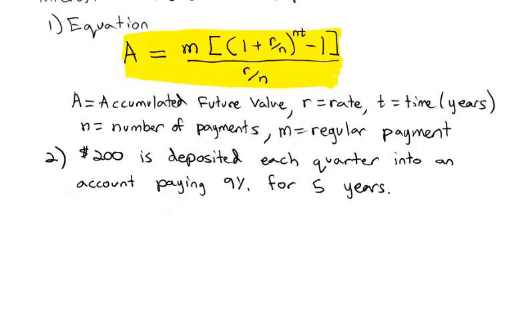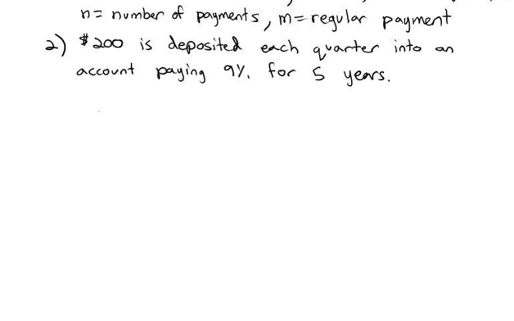And we're going to look at how much money this comes out to be. And we get this off of our future value because it's paid each quarter.